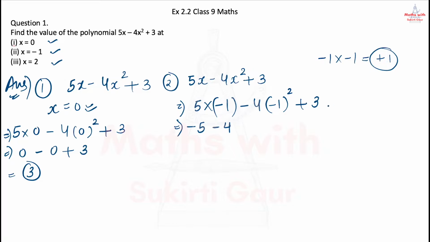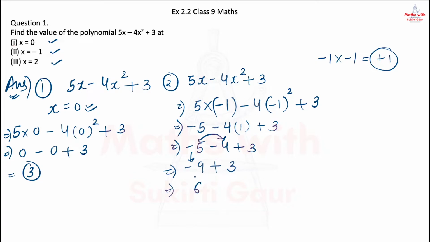Minus minus is plus, so we'll get plus 1, plus 3. This will give us minus 5, minus 4 into 1 will be minus 4, plus 3. Minus 5 minus 4 is minus 9, and the sign is of the greater number, plus 3. Now minus plus is minus, 9 minus 3 will be 6, but you will be taking the sign of the greater number. Minus 6 is the answer of the second part.